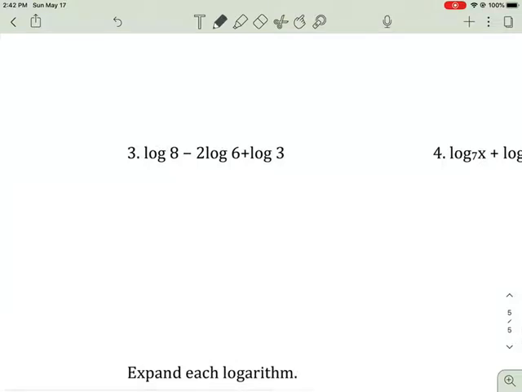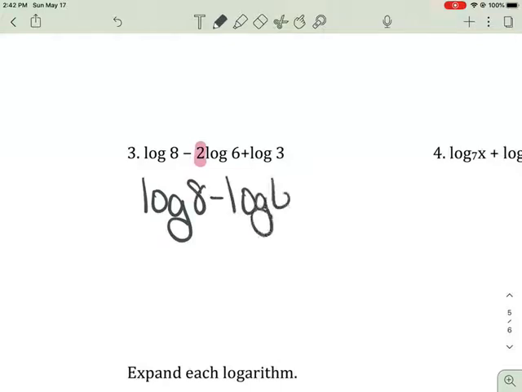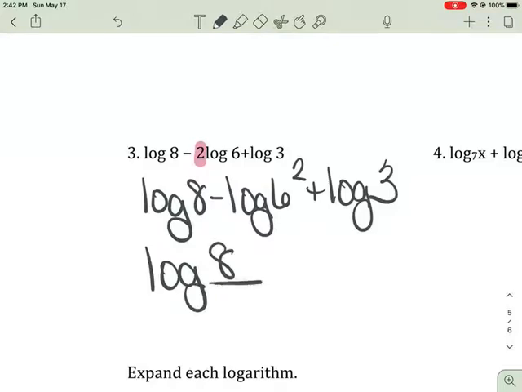Notice there's a couple of things happening in this one, but the first thing you're always going to want to do is the number in front. That's an exponent, so that's going to get moved to 6 squared. Okay, and then subtraction means division. So I'm doing this step by step.